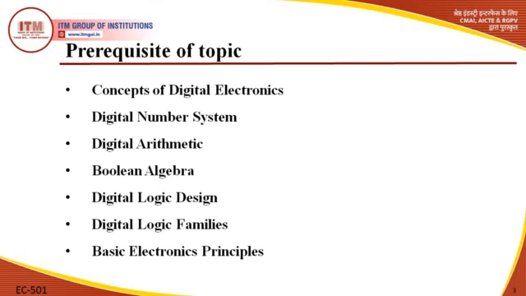So in this section you have to know about the digital number system, binary, hexadecimal, octal and other ASCII character. After that you have to know about the digital arithmetic. So how digital arithmetic can be performed, whether the addition, multiplication, division, subtraction.